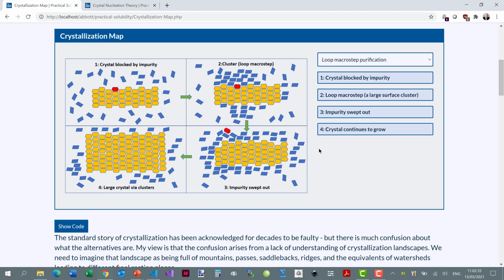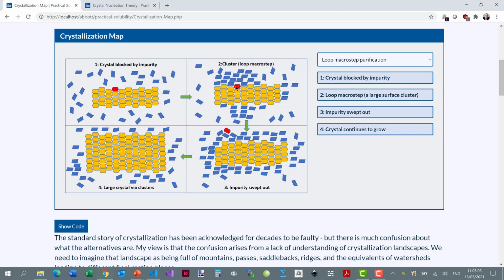Here's a nice one. It's called loop macrostep purification. I don't know why it's called a loop macrostep. That's a terminology used by the professionals. We happen to have an impurity getting in the way of the crystallization. So you can't really grow over this impurity. Along comes a cluster. That's what I would call a blob, a cluster. It's called a loop macrostep.